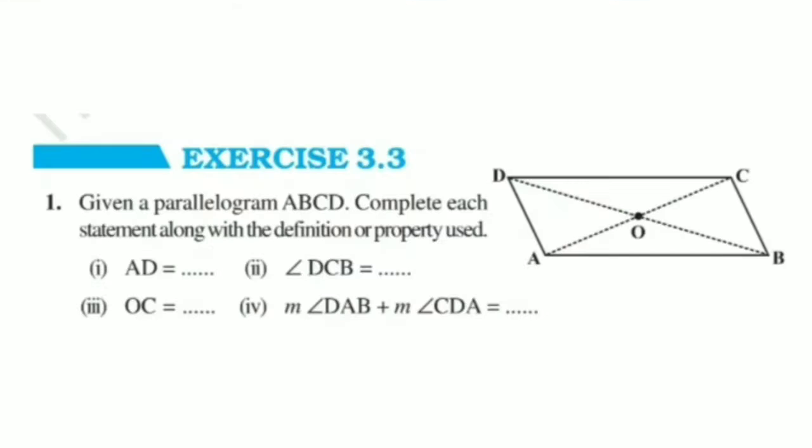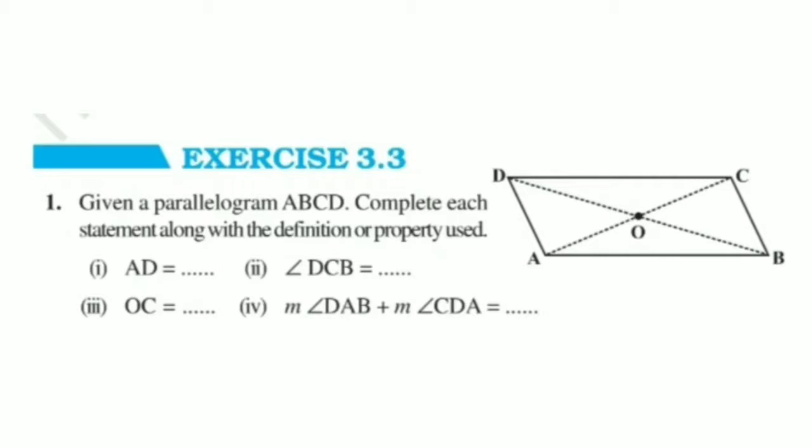Now scholars, let's see exercise 3.3. Question number 1 is, given a parallelogram ABCD, complete each statement along with the definition or property used. As you can see here, one parallelogram ABCD is given.